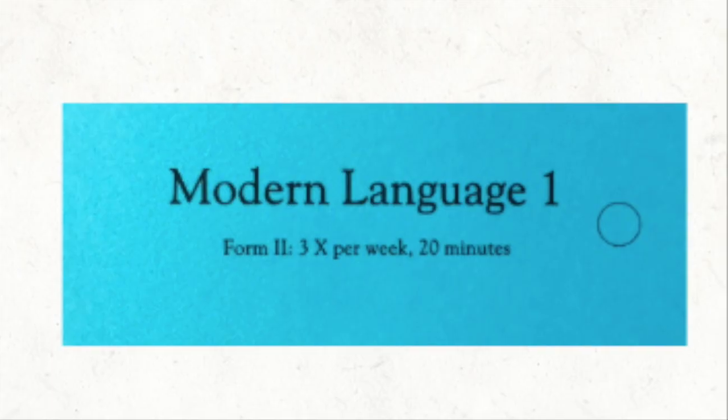Also note that there are cards included for each lesson to be done in a week. This card indicates that modern language should be done 3 times a week for 20 minutes. So your pack of cards would include 3 cards that look identical to this one. You might also have noticed that this card seems a bit shorter than the previous cards did.